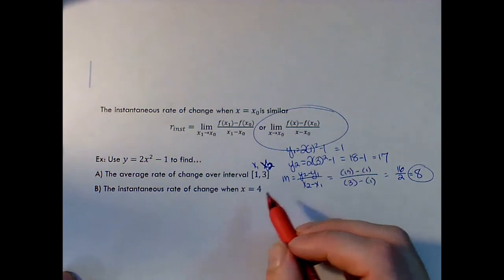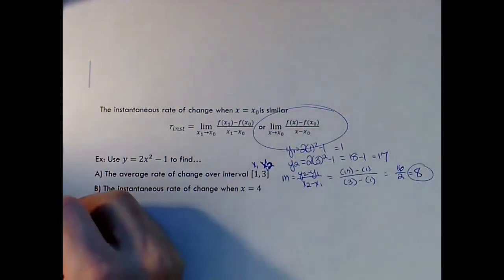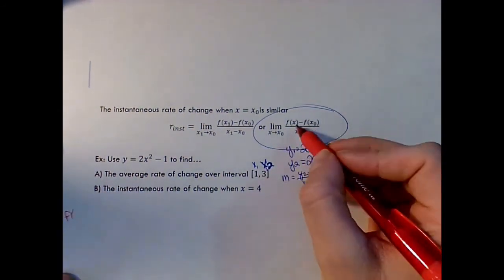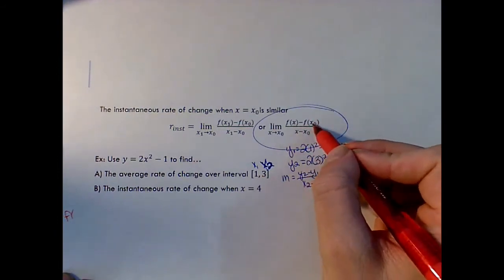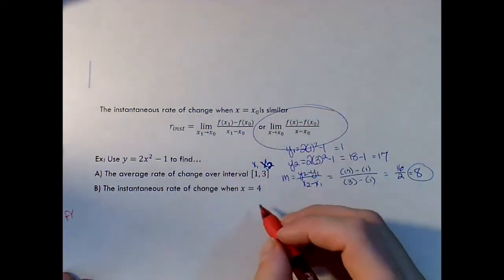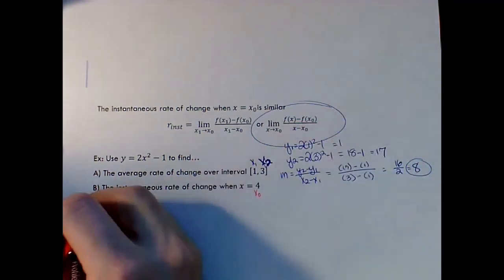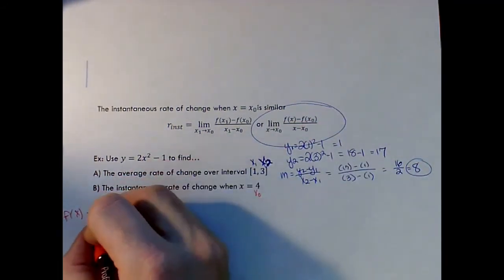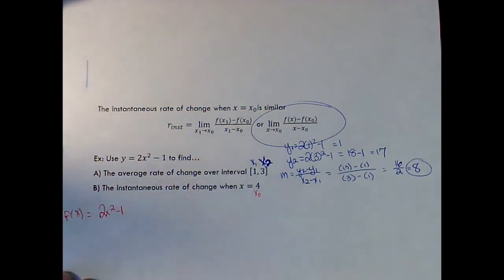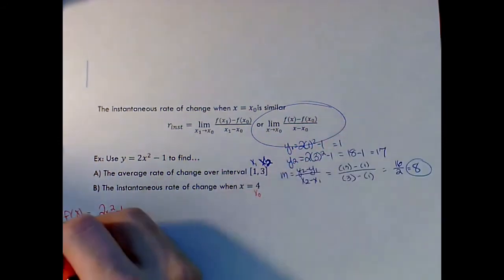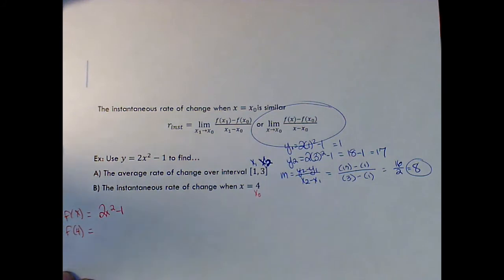Instantaneous rate of change. So I care about when x is 4. So f of x, and I'm just going to write out every part. I'm going to write out what f of x is. I'm going to write out what f of 4 is. Remember, if x is 4, that this would be my x sub 0. All right, so f of x is 2x squared minus 1. F of x sub 0, which is f of 4, is going to be, hold on, let me make sure you can see what I'm doing.